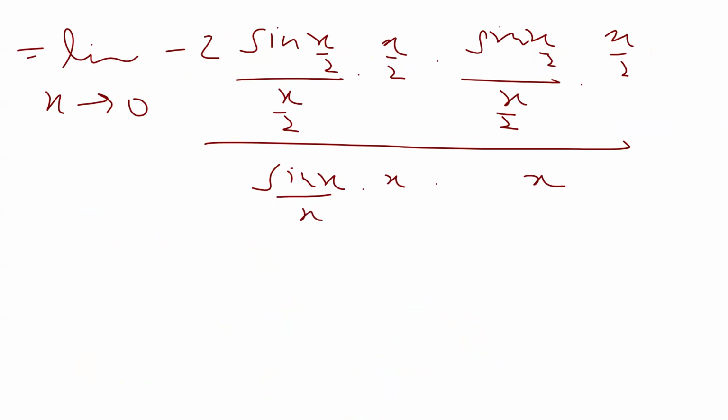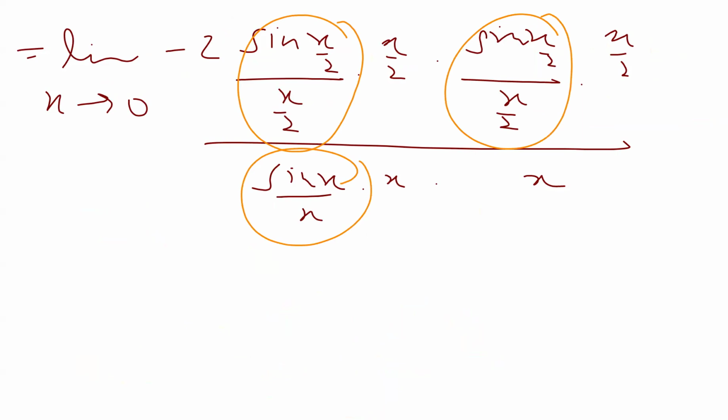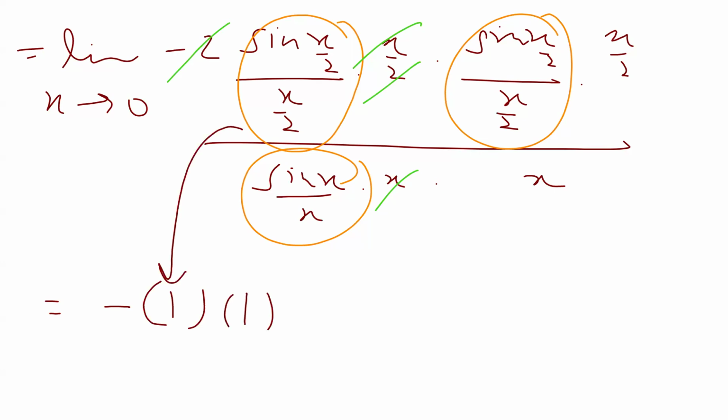So this and this, the orange colored circles, are 1. One of the x will get cancelled. This 2 and this 2 will get cancelled. So look at the terms now. Minus 1, this is 1, into 1, this is 1. This x is left.